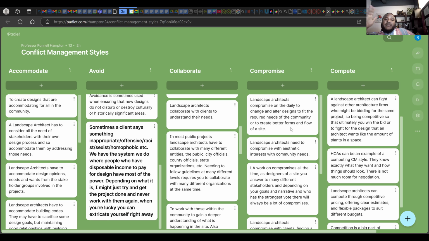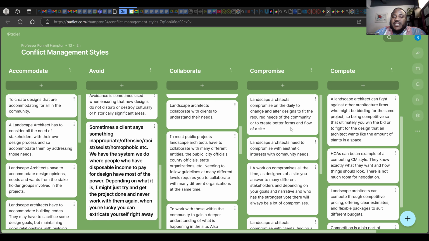So certain things can't be as far away from the parking lot if you want it to be accessible to people who are, let's say, in wheelchairs, or you need to have ramp access. You want to be mindful of how you level the site so that it's safe for people to maneuver in a wheelchair. You don't want the grade of the site to be too high, where it's easy for folks to roll down the hill a little faster than they would like to, right? So you want to have those considerations. That's a really great entry.